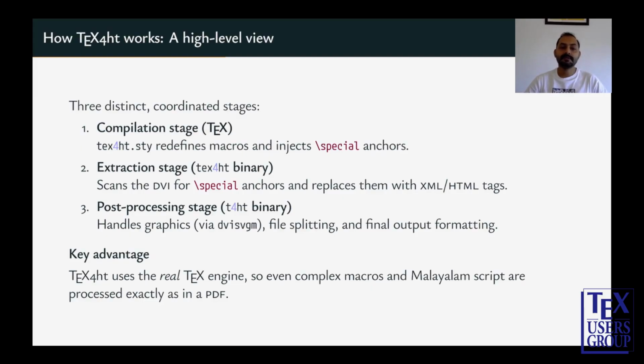The final stage is run only if you need to extract graphics or if you need to split the output file by chapter, sections, etc. The real advantage of using TeX4ht is that it uses a real TeX engine such as pdfTeX, LuaTeX, or XeTeX. So it processes all the macros as if a PDF output is being generated.